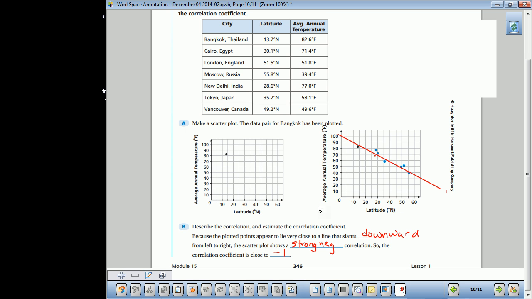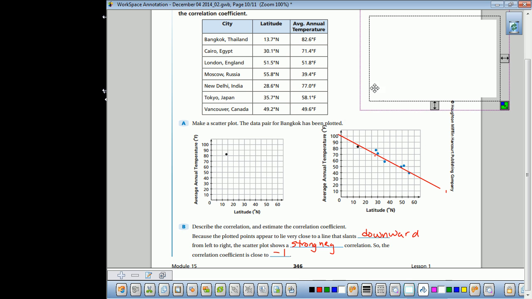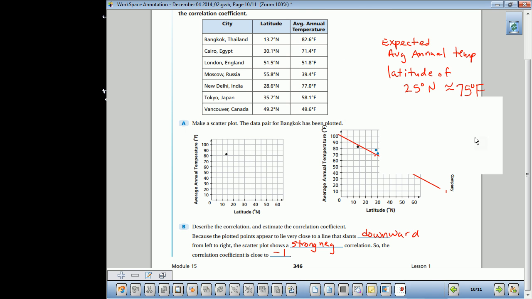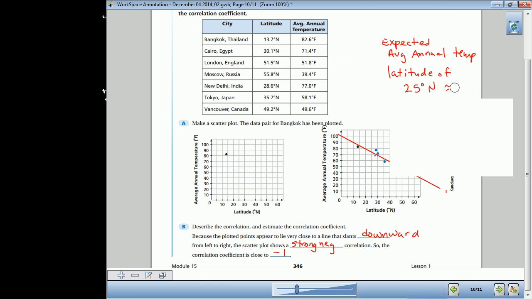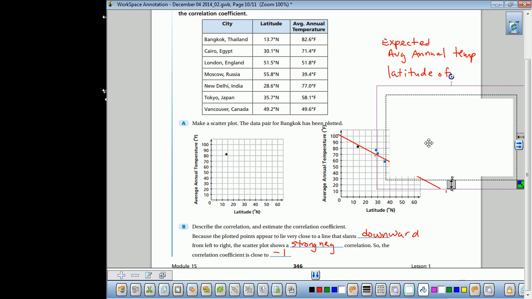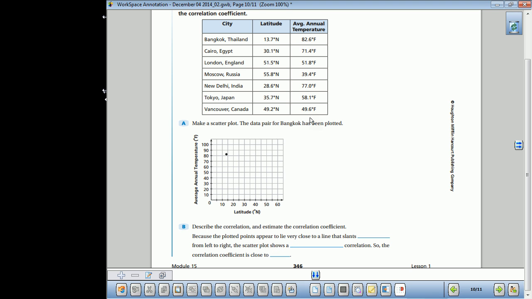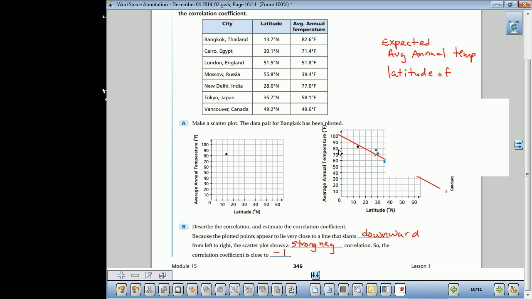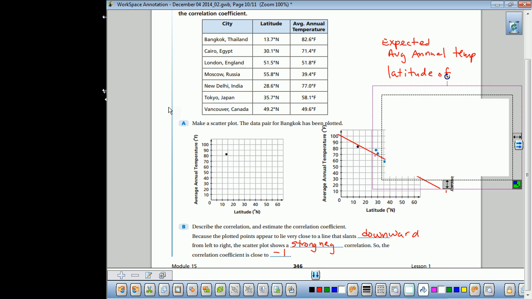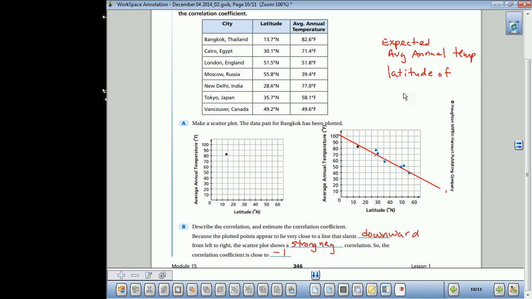Okay? And so once we do that, we could use this line of best fit to answer questions like, what do you think at a latitude of 40 degrees the temperature would be?